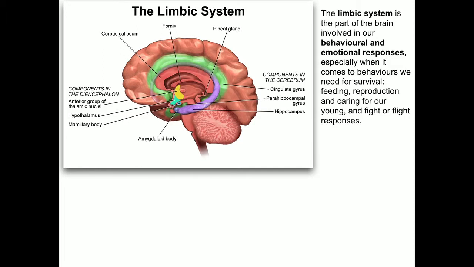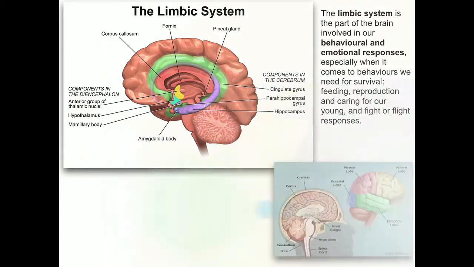Okay, so a little bit about the brain then. The limbic system, this is the behavioural, emotional part of the brain. If we slice the brain in half, this would sit at the centre point of the brain.